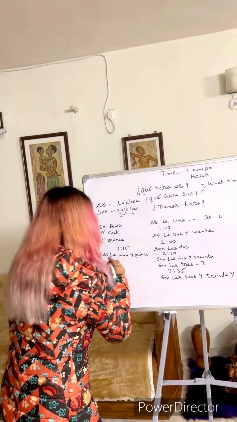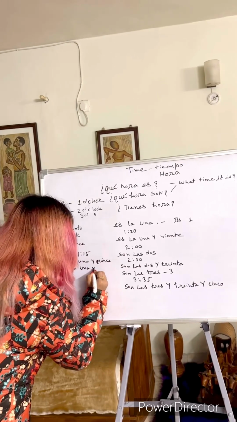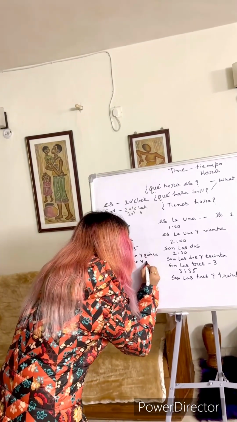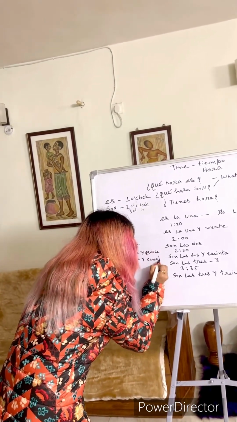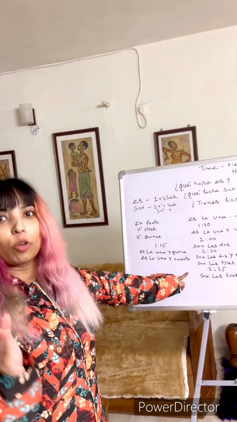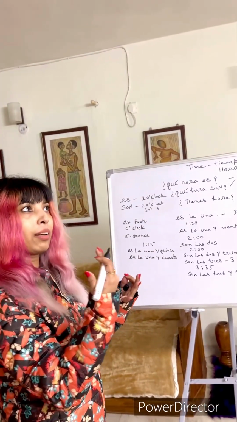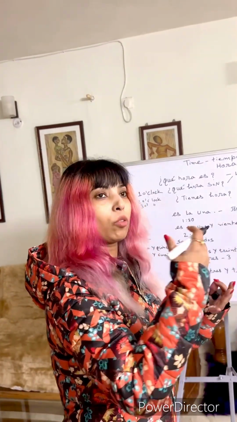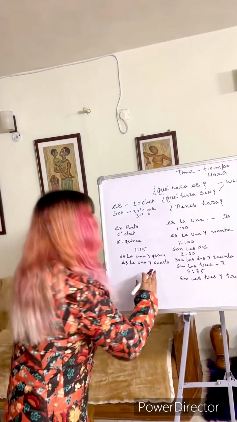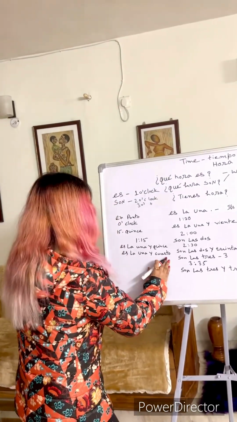For 15, you can say es la una y cuarto. Cuarto is a quarter. You cannot confuse it with cuatro. Cuatro is 4. You can remember it with quarter: it's quarter past 1. So 1:15, cuarto, not cuatro. Es la una y cuarto.